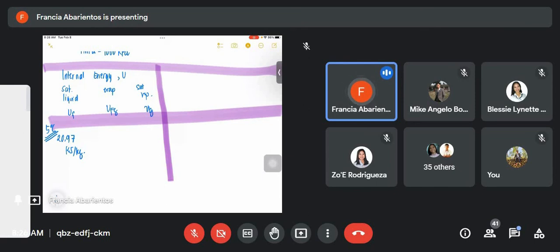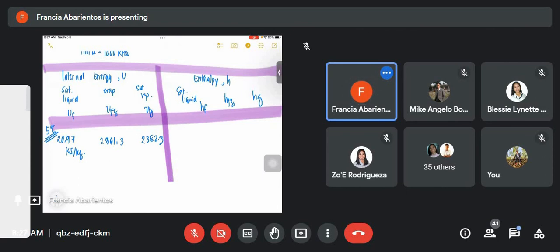So, here, tapusin ko lang to. Okay, so, the saturated vapor, this is 2361.3 and 2382.3. We have also the enthalpy, meron din tayo dun sa saturated liquid natin. Okay, ang enthalpy is H, so HF, HFG, HG.